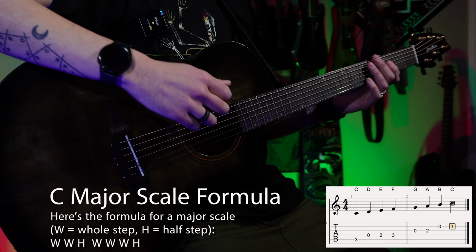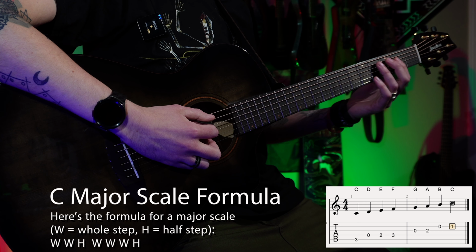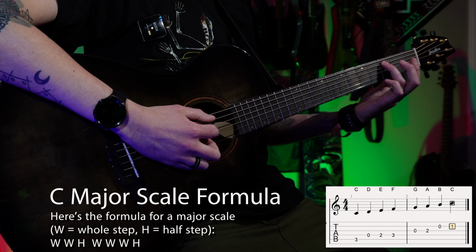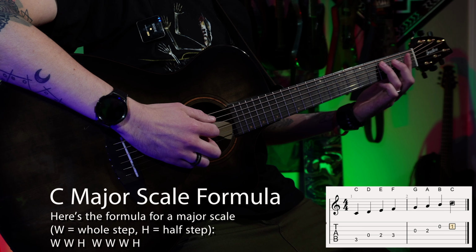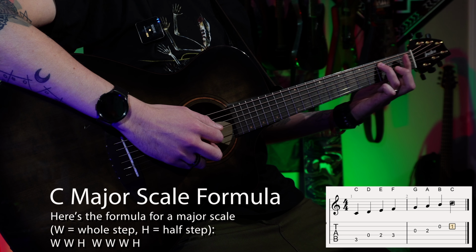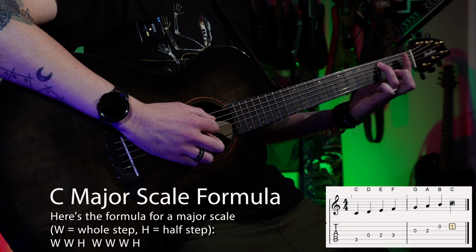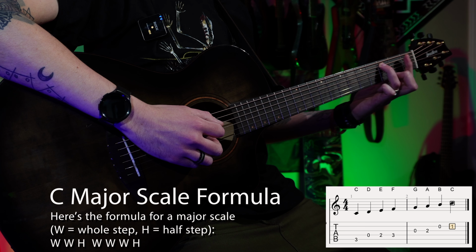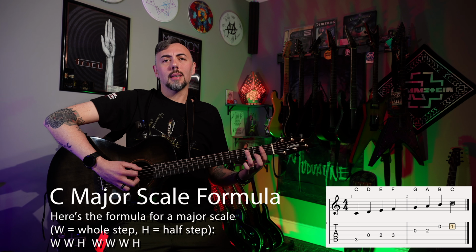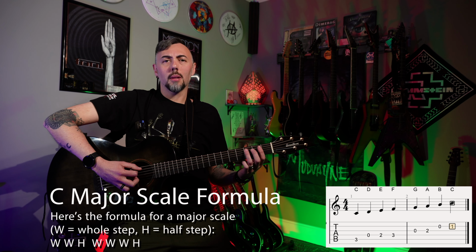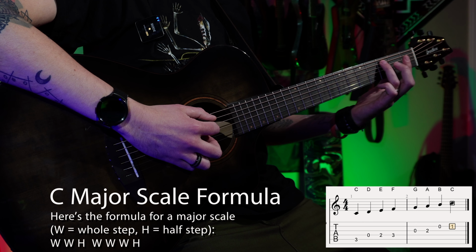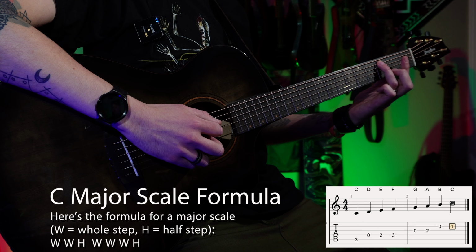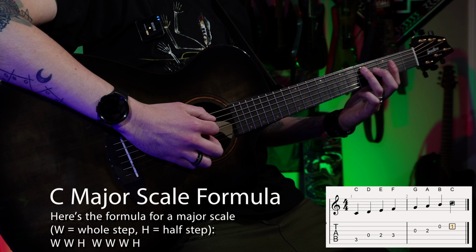So where we're going to start playing our C major scale is going to be the 3rd fret of your A string, your 5th string. This is a C, okay? So C. Now, thinking about that formula that I just mentioned, if we take a whole step from the 3rd fret of the A string, taking it from C to here, what would this be?